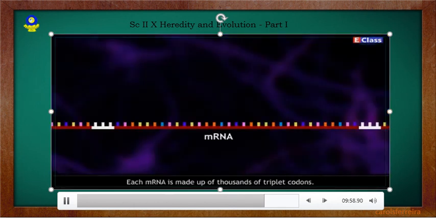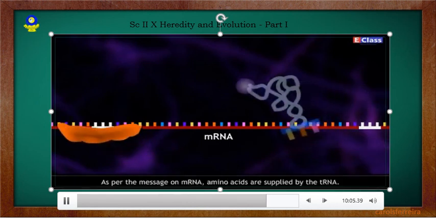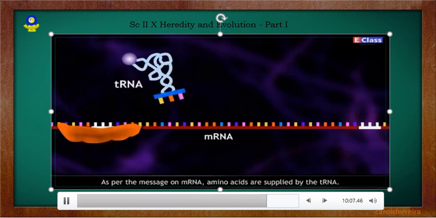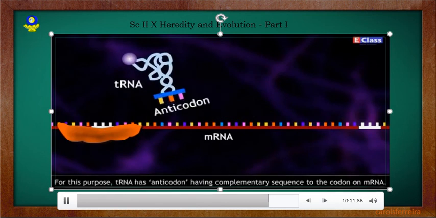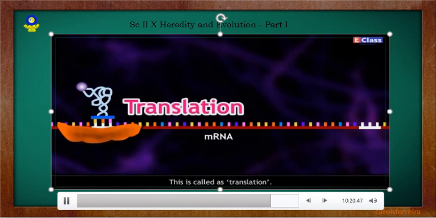Each mRNA is made up of thousands of triplet codons. As per the message of mRNA, amino acids are supplied by the tRNA. For this purpose, tRNA has an anticodon having a complementary sequence to the codon on mRNA. This is called translation.